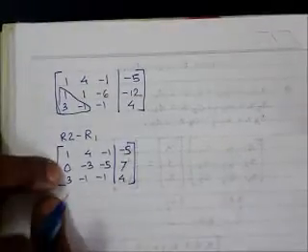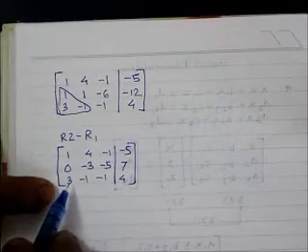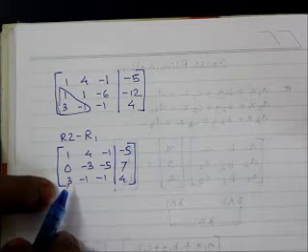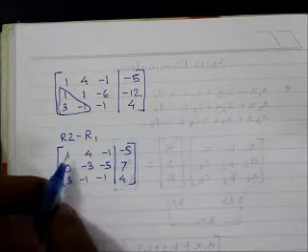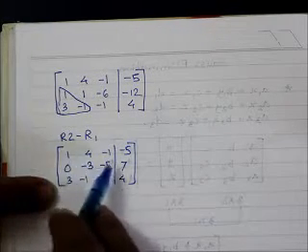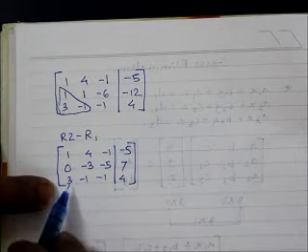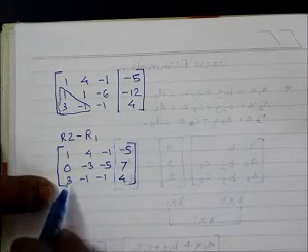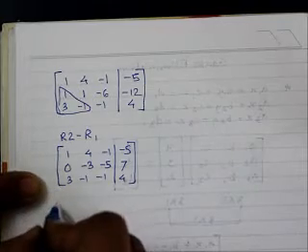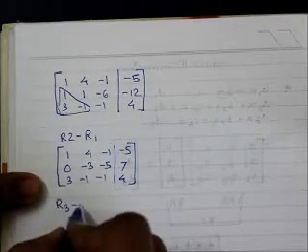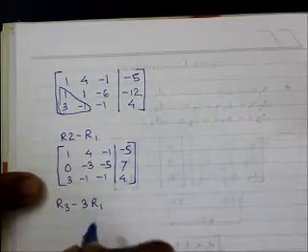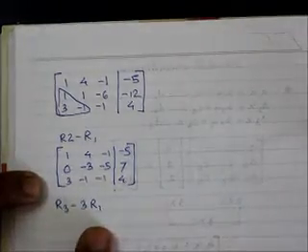Now let us concentrate on this one. So this is basically 3 and here is a 1. So if I multiply this row by 3 and subtract it from this row, that should give me a 0 right here. So that's what I'm going to do. R3 minus 3R1. Got this?